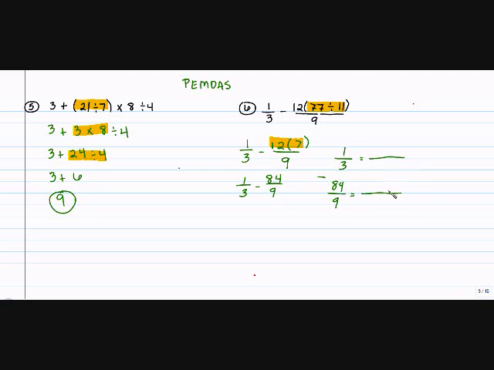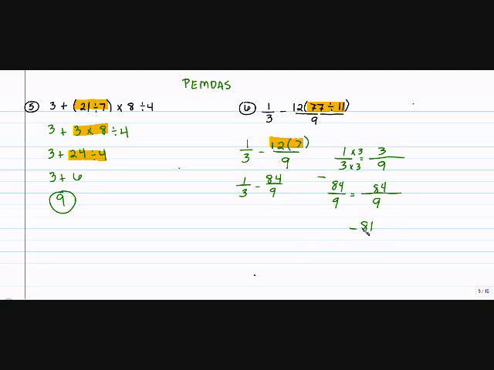Now the smallest number they have in common is 9. And that way I don't have to change this one at all. I say to myself, 3 times what equals 9? What I do the bottom, I do the top. So now I can subtract. 3 minus 84 is a -81.